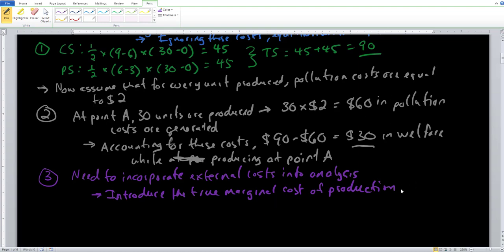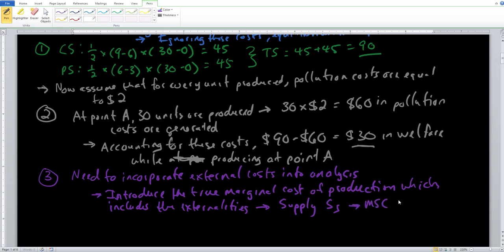So this includes the externalities. And this is going to introduce a new supply curve, which is supply SS, or the MSC. So MSC, which is the marginal social cost.